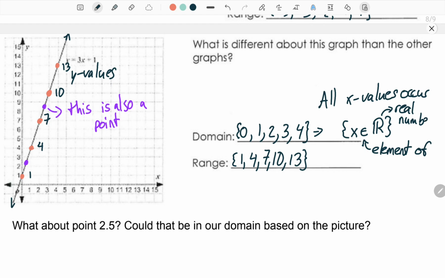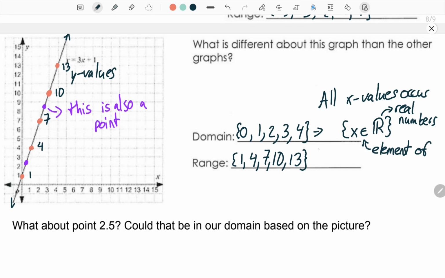And if we remember way back to the start of the year, real numbers are basically any number that you can think of. So any fraction, square root, anything like that is a potential real number. And so any number is possible.